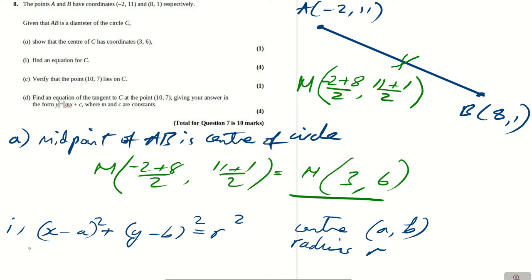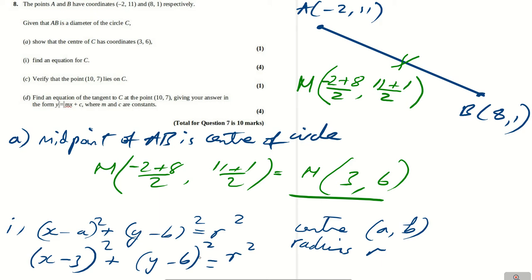Right, so we've kind of got the left hand side because we know the centre's 3, 6, so we can say x minus 3 squared plus y minus 6 squared equals r squared.